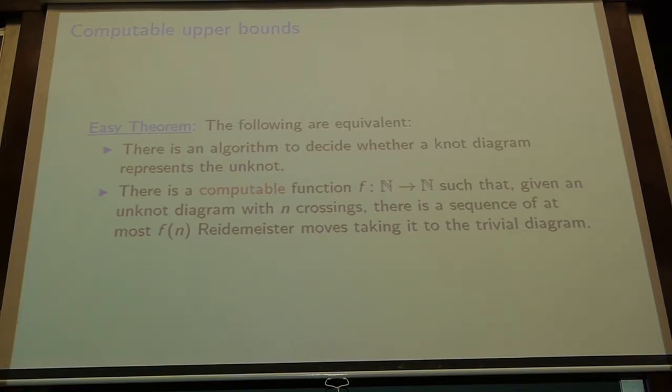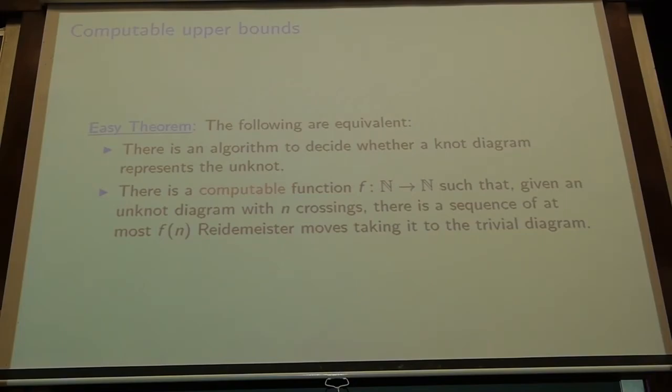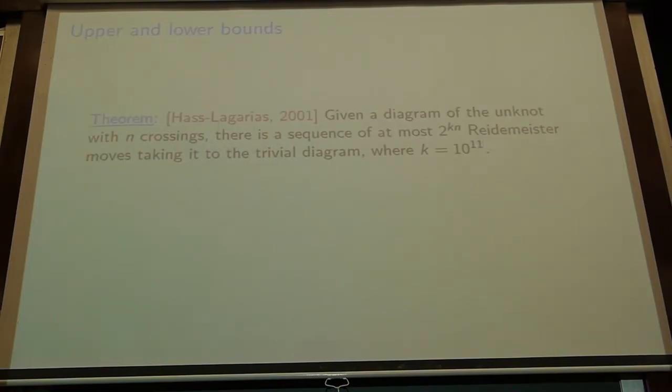Okay, so these are equivalent, but obviously what we want, and this is really the basis of what we're talking about today, is to make f as small as possible. How complicated is that? And so what's known? Well, there's a celebrated theorem of Hass and Lagarias, which gives an exponential bound.